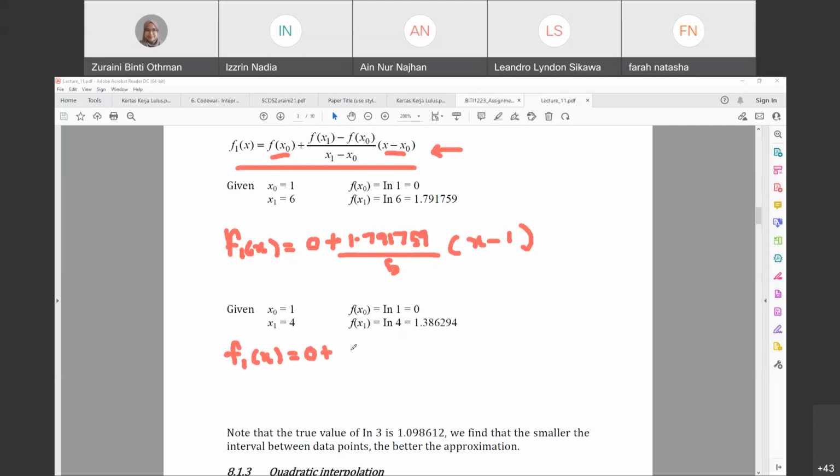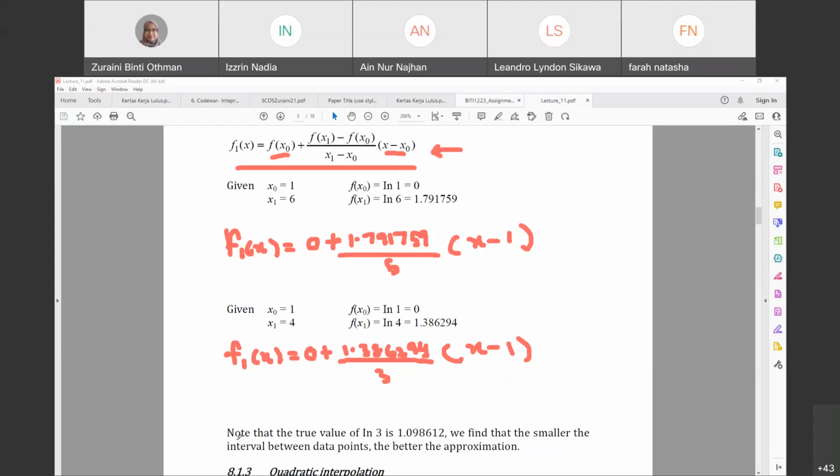Minus, it is 1.386294 divided by 4 minus 1 is 3 times x minus x0. Our x0 is 1.